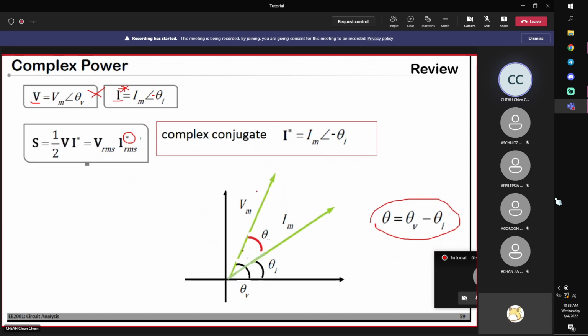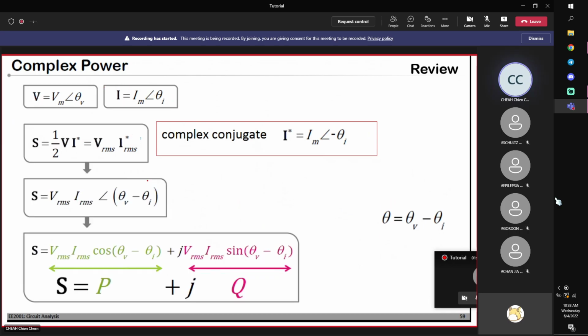We are defining it in a way that we can get the average power, which means that if we multiply by the complex conjugate, which is the negative of the phase angle, we will get this phase difference.